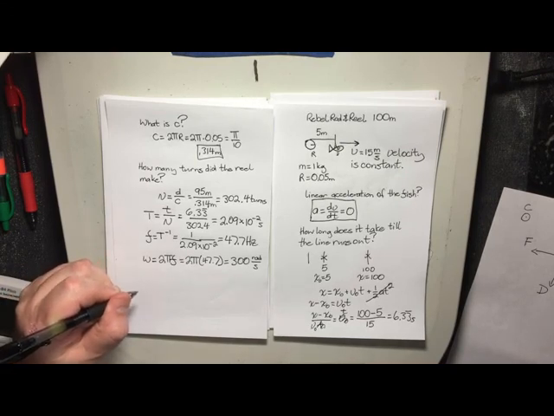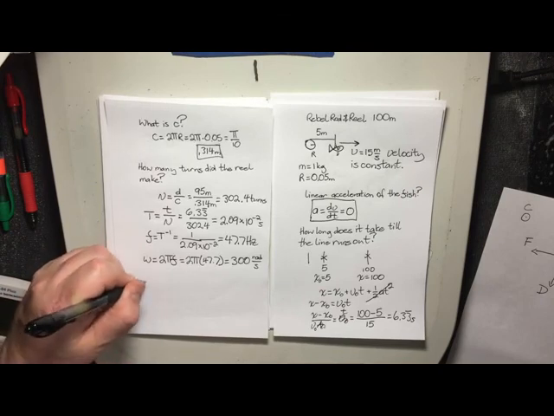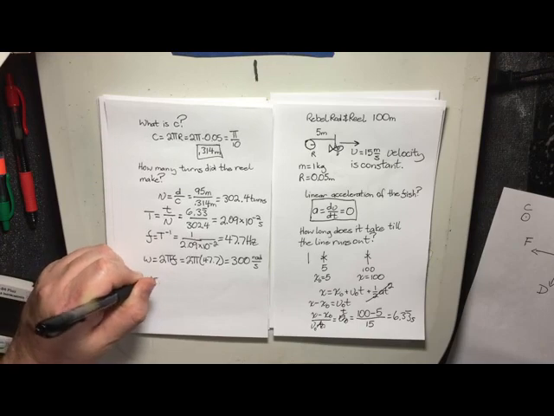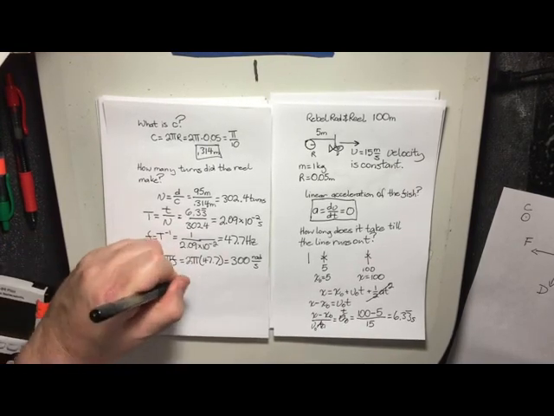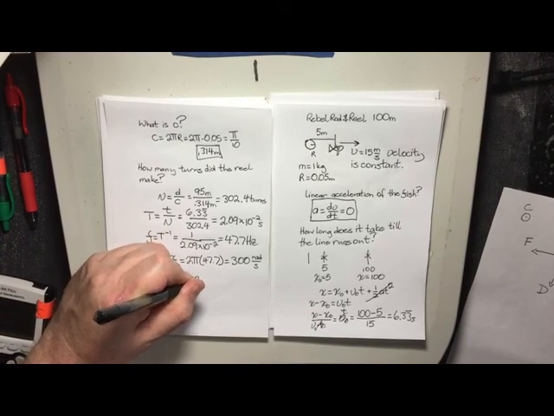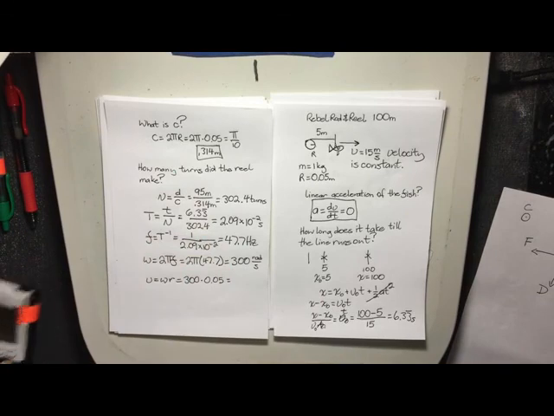Now, the other way that we can confirm this is V is equal to omega R. If omega is 300 and R is 0.05, what do we get?